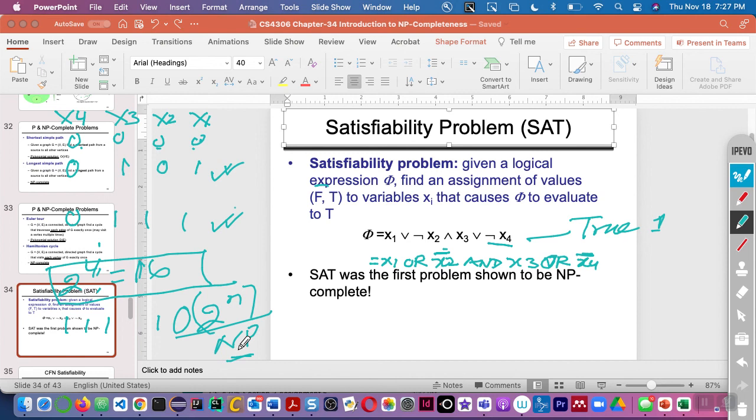Two algorithms, right? One was matrix chain multiplication, another was the 0-1 knapsack problem. So this is the satisfiability problem, and this is the 0-1 knapsack problem, where there are some items.